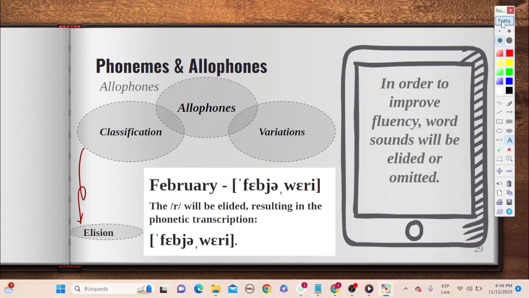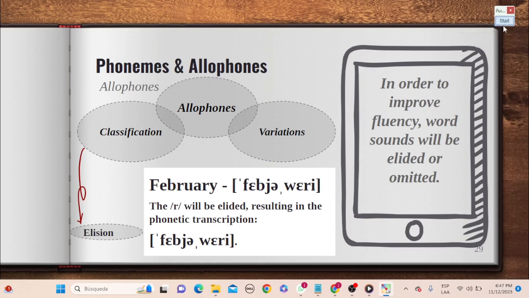Very important: if we pay attention to our students, most of the time they pronounce the R and say "February," when actually the R will be elided. So that means that it's going to be "Febuary." And that is something that we as teachers or professors must and have to explain to our students.